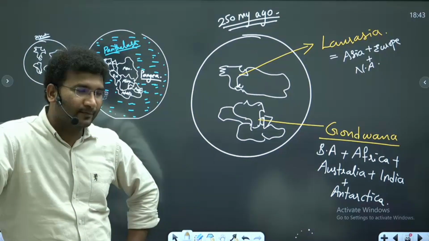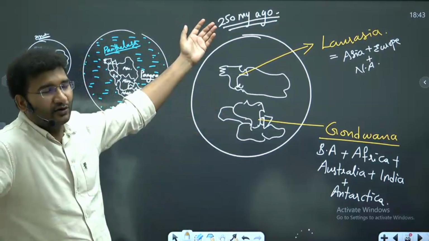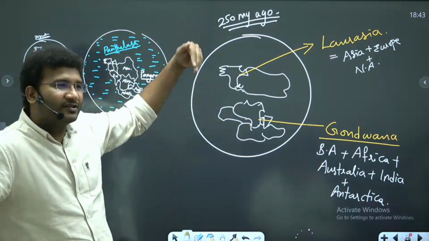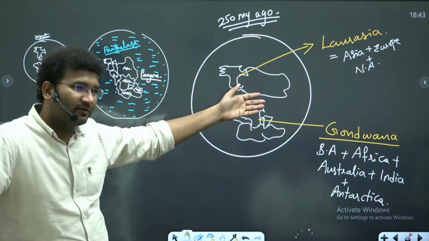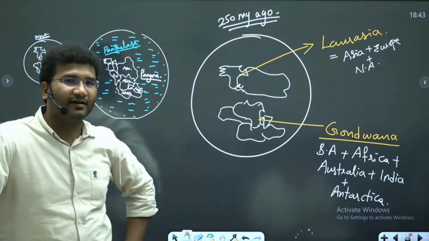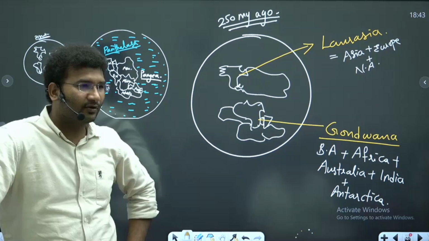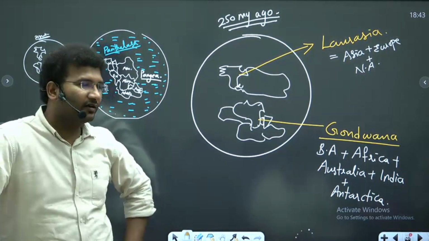In Gondwanaland. If around 250 million years ago or 200 million years ago, coal was formed in India, what name do you give? Gondwana type of coal. In India, the coal that was formed during the Gondwana time period, you call it Gondwana coal. Much of the coal in India was formed here.